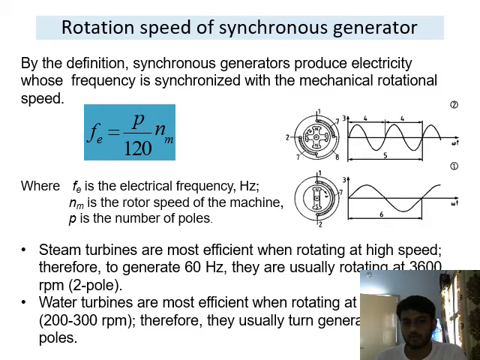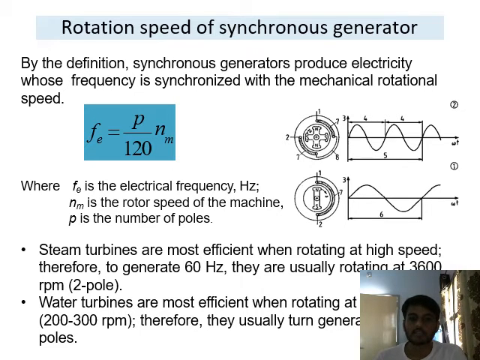Poles are fixed once the construction is done, but the speed varies, because if the load on the generator increases, the speed falls. Due to this fall in speed, our frequency will change. So we have to remember that if we want a constant frequency, we have to maintain a constant speed.